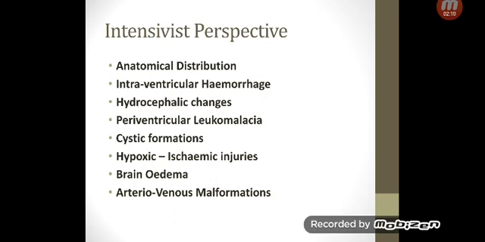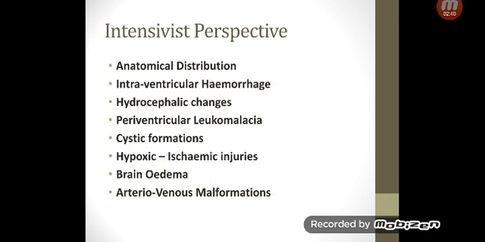You need to look for IVHs, intraventricular hemorrhages, hydrocephalic changes, which you can also follow up, PVLs or periventricular leukomalacia, which again you can follow up. You need to look for cystic formations. You can test for hypoxic ischemic injuries, and I'll show you how.